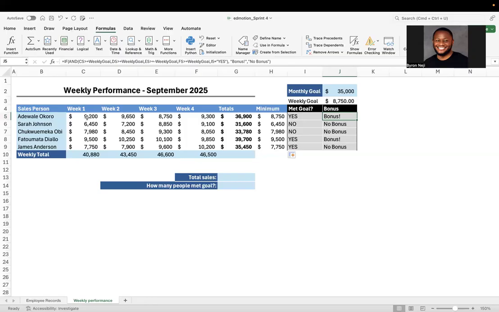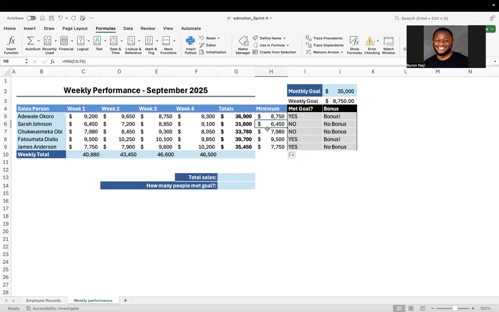Meaning that if I use my MIN function, I would be able to know that there is no week in this particular person's transactions that went below 8750, since this is the lowest amount the person would have made in all the weeks.